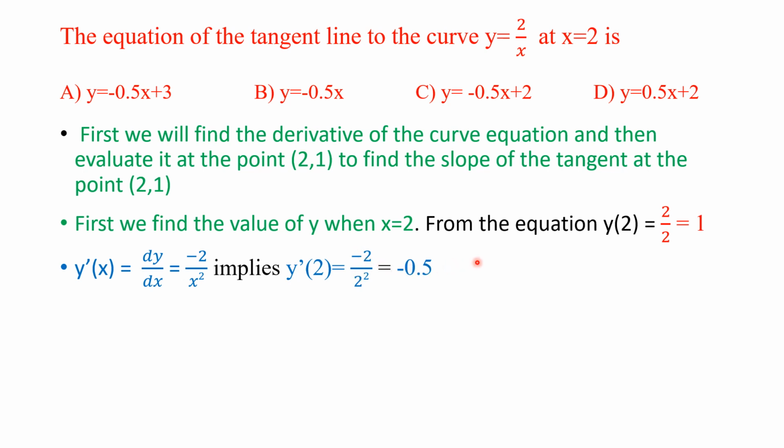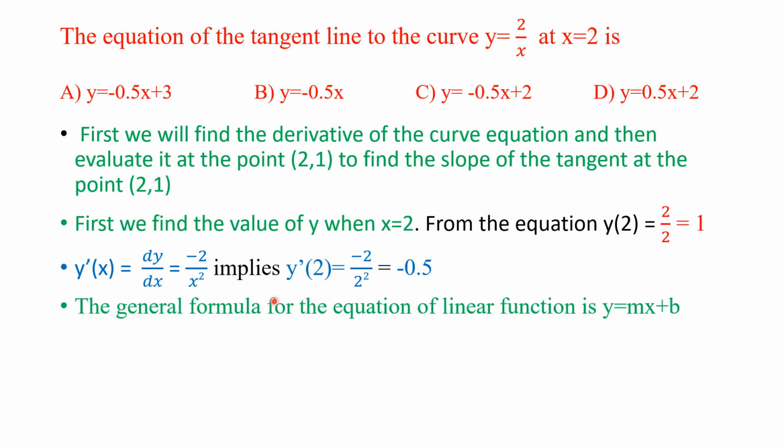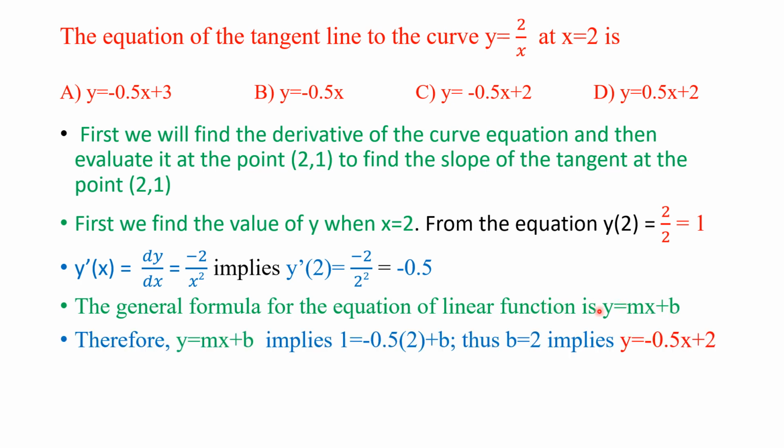Now that we have negative 0.5 at that point, the general formula for the equation of a linear function is y equal to mx plus b. Therefore, 1, which is the value of y, equals negative 0.5, that is the slope, times x equal to 2, plus b. We're just looking at these one term at a time.